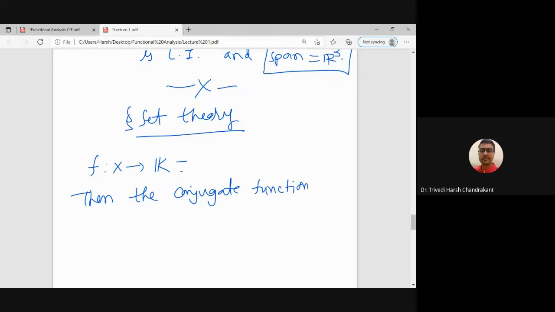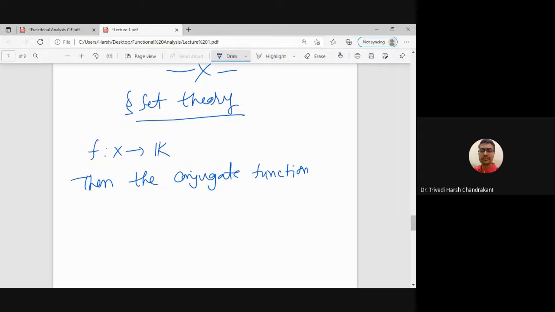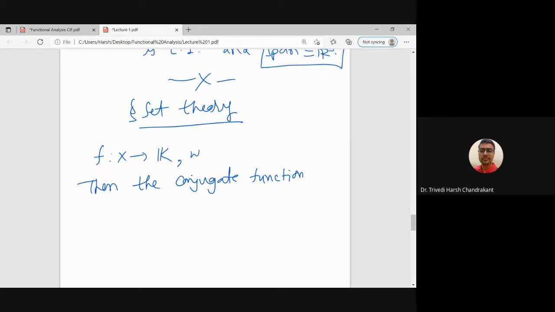Of course, in this case, we are taking K equal to C, where K is the set of complex numbers, then we define the conjugate function as f conjugate of x, which is the conjugate of f(x), for every x in capital X.